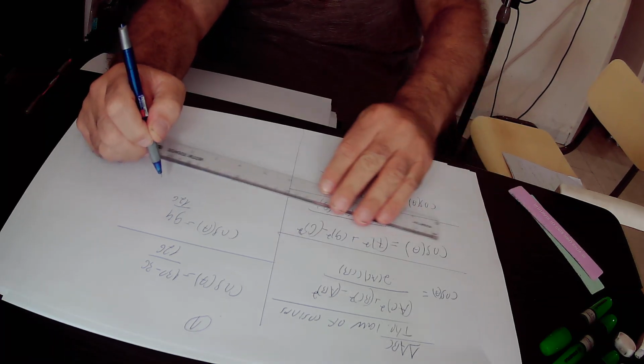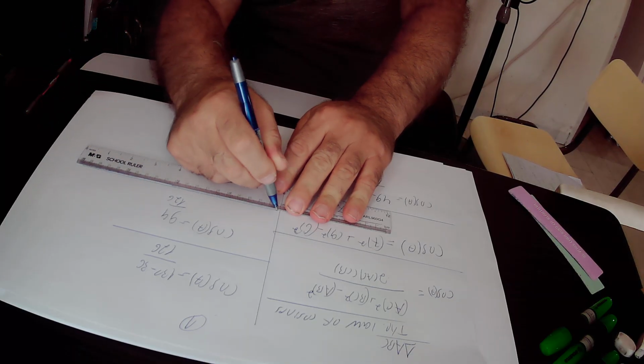So in total, cosine theta equals 94 over 126.